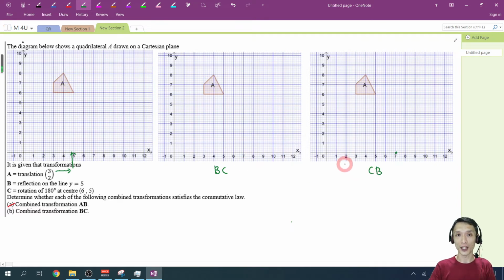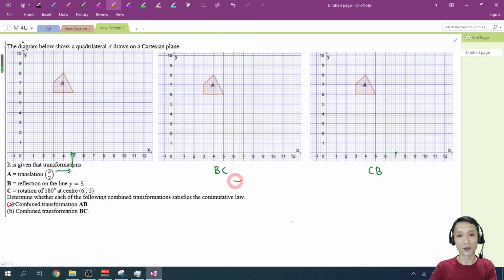If both of them produce the same images, then we can make a conclusion that this combined transformation satisfies the commutative law. If they produce different images, then it does not satisfy the commutative law. Now, let's look at BC first.